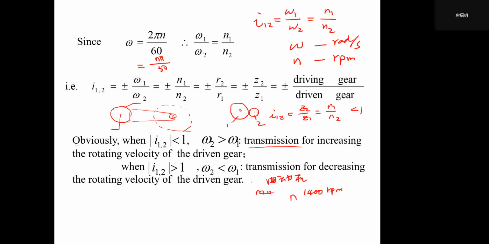So maybe we need some device to slow down or decrease its rotating velocity, to let our tools have a considerably lower speed to do some things. Anyway, I only need you to have a concept about this transmission.